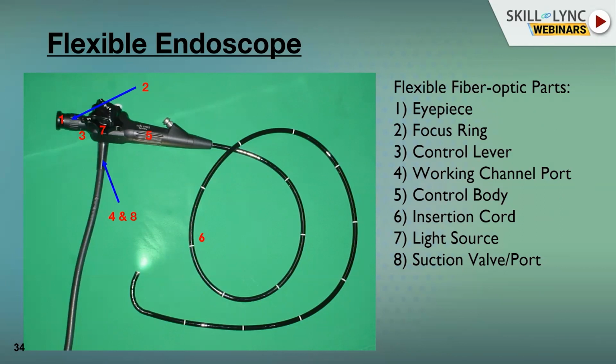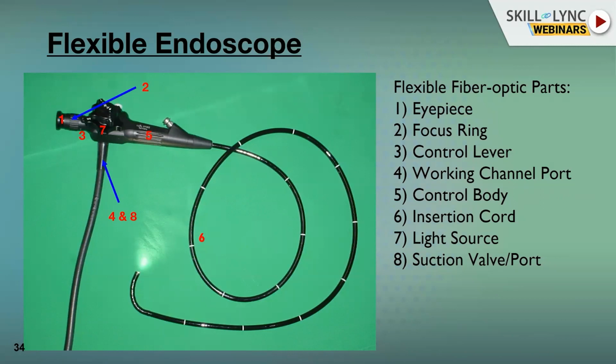Then you have something called a working channel port. That means that it gives power so that the light can transmit. Then you have something called the control body. The control body is to control the mechanism, in order to make the fiber move in a certain way, to move inside and have different angles.